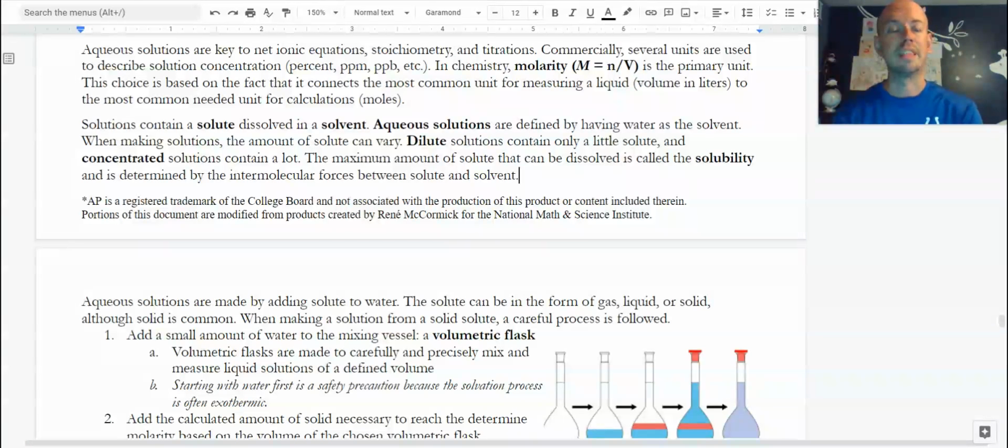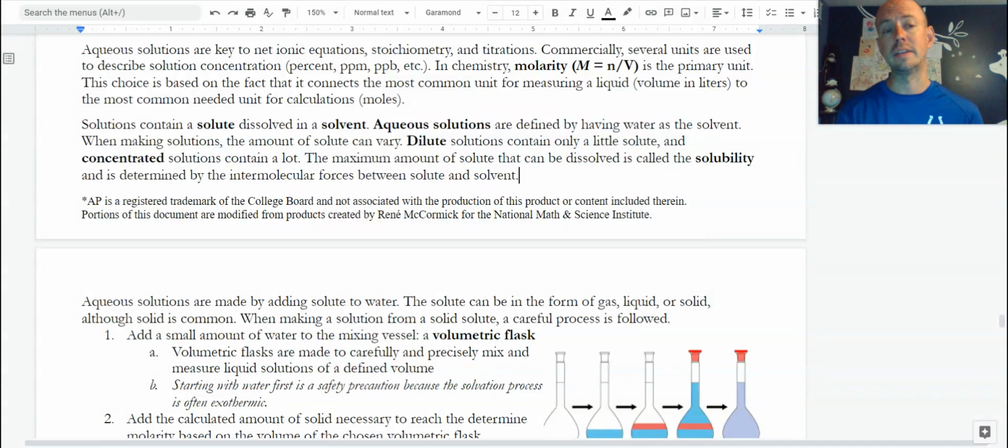We could put very little and have a watered down or dilute solution, or when a relatively high amount of solute is there, we call that concentrated. We could think about it as strong versus weak for coffee, but that's not the same thing as strong and weak in terms of dissociation.